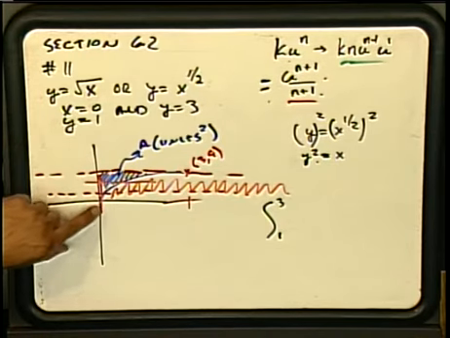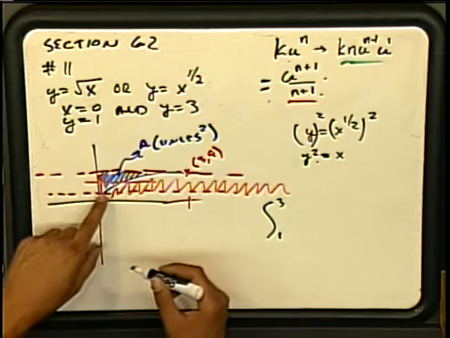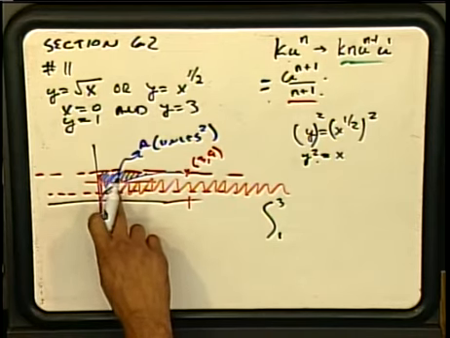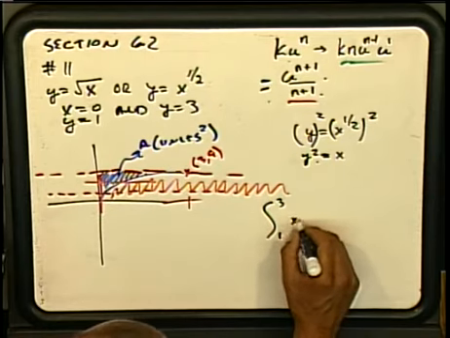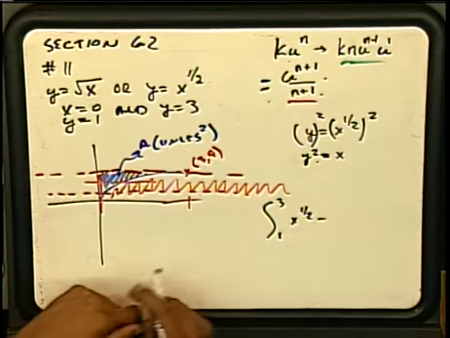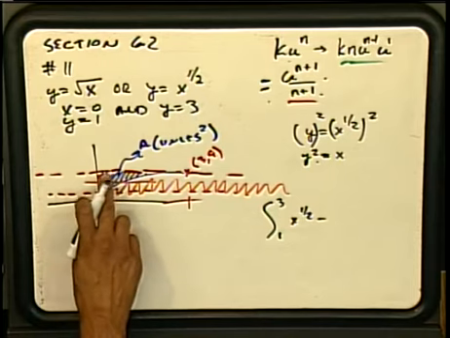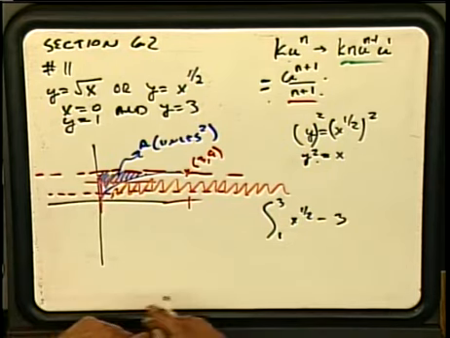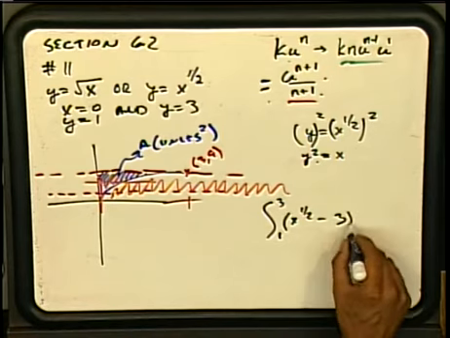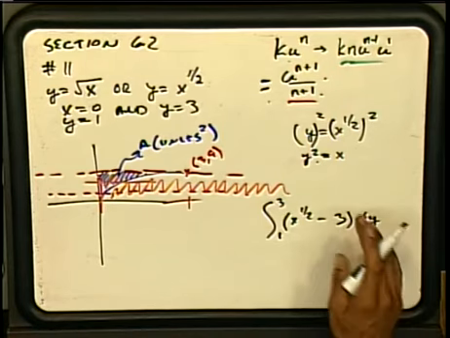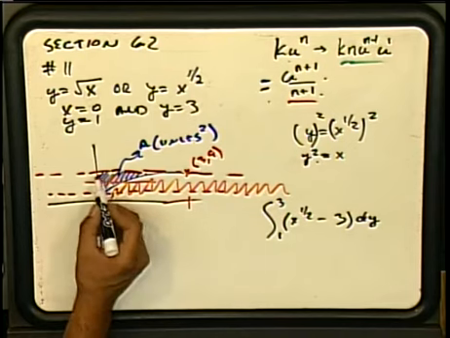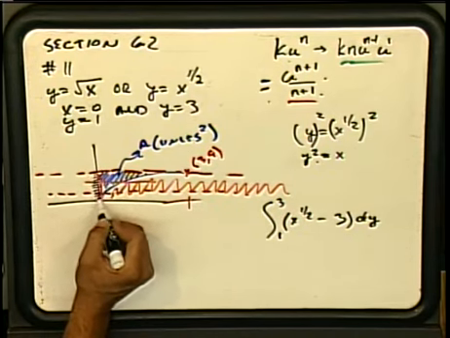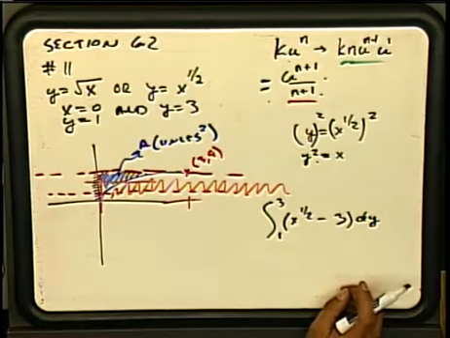So this square root of x function, now y squared, minus this boundary. And instead of dx, it's dy, because it's the change in y, not the change in x, that you're looking for in the area.